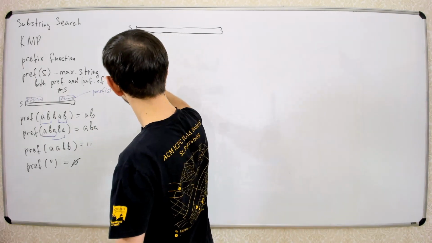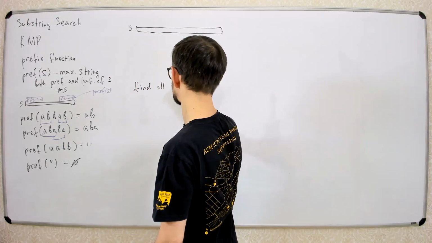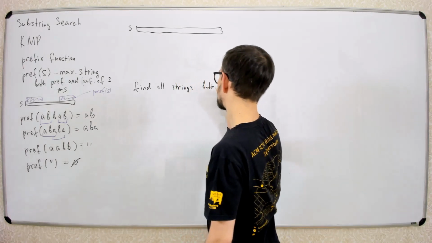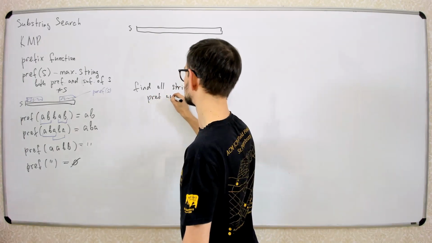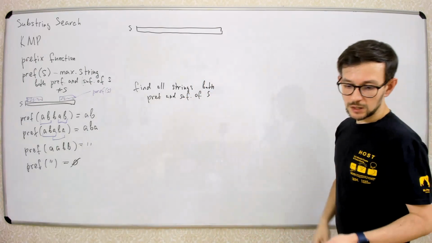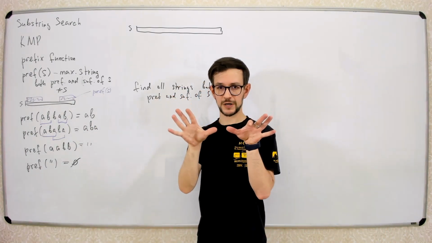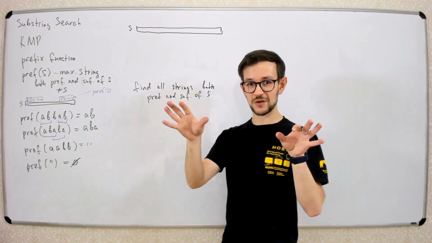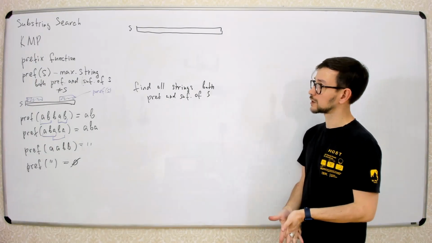The prefix function just gives you the largest such string. So what if we need to find all possible prefixes and suffixes of this s? How can we find all such strings?